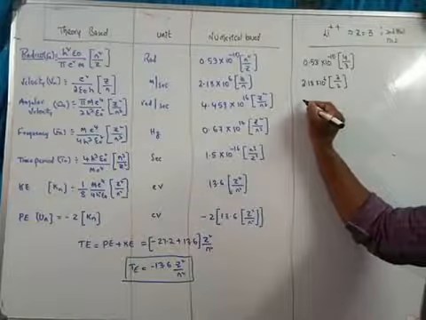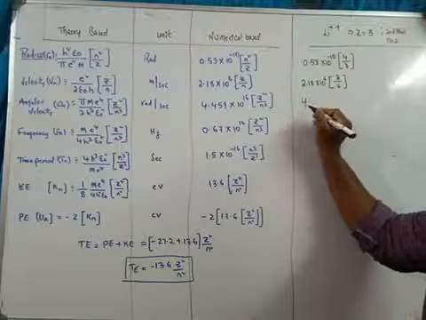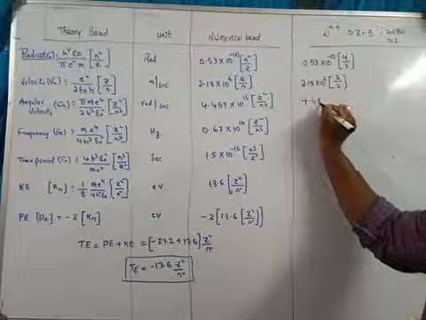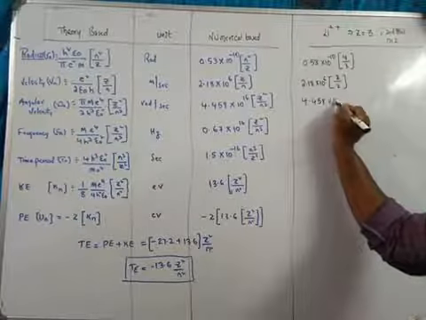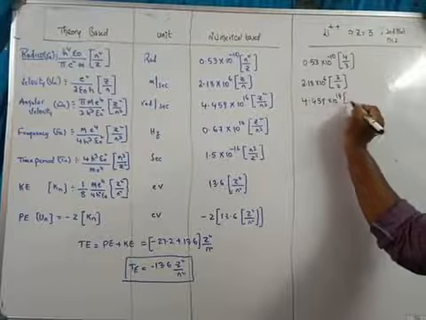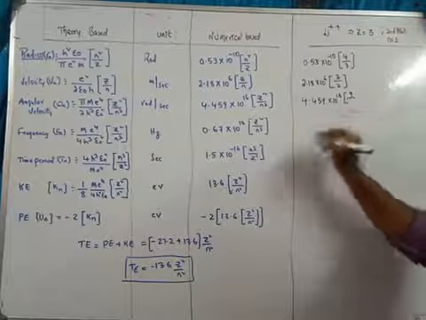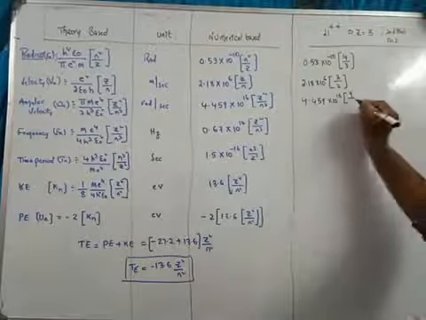And if you want to calculate the angular velocity, it is 4.459 into 10 to the power of 16, times Z squared. Z squared means 3 squared, 9, divided by n cubed, 2 cubed, which is 8.